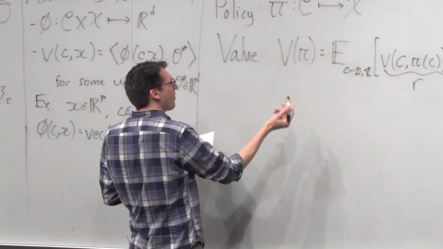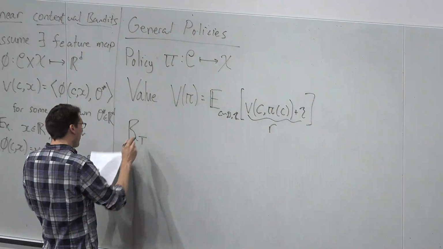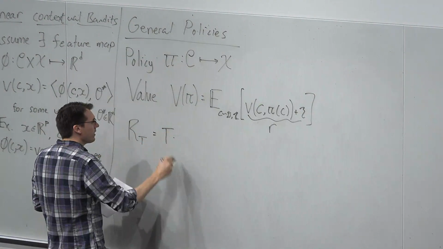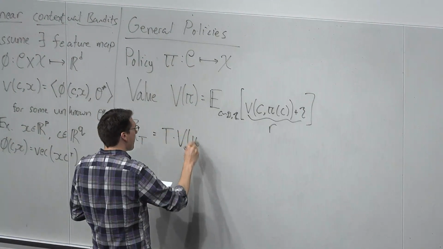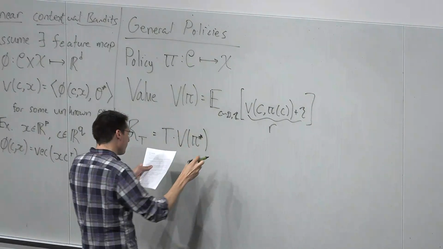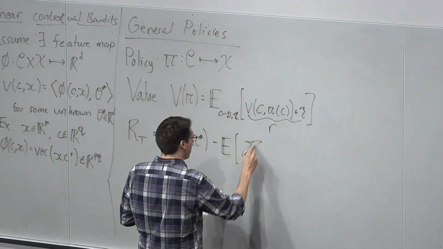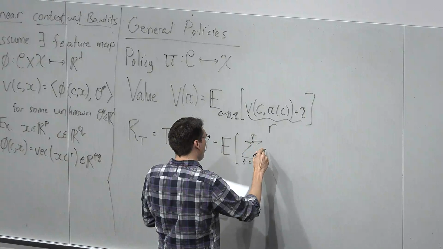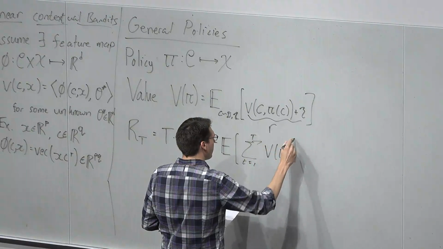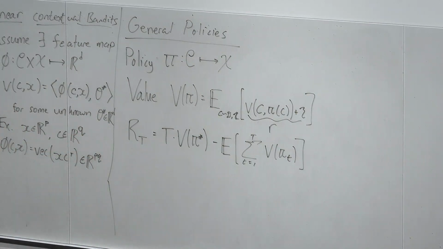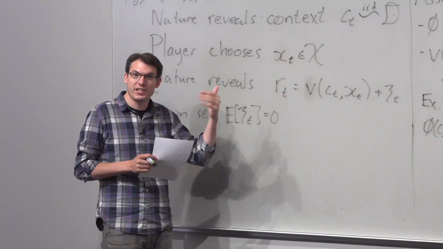And so we define the regret after T time steps as T times the value of pi star, which is the best policy, minus the expected sum over t equals 1 to T of the value of pi_t, where pi_t, like I said, in this general setting I'm playing an x_t, but without loss of generality, I can say that I'm actually playing a policy pi_t at each time.